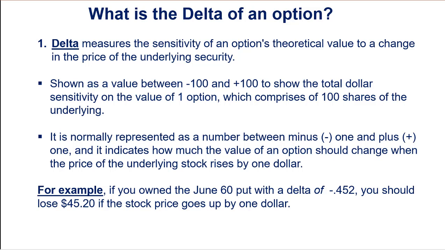Normally it's shown on your option platform as a number between minus 1 and plus 1, and it indicates how much the value of your option should change when the price of your underlying stock rises or falls by $1. For example, if you had a June 60 put with a delta of minus 0.452, that tells you theoretically you're going to lose $45.25 if the stock price goes up by $1. That's one way it's used to show the sensitivity and value of an option.